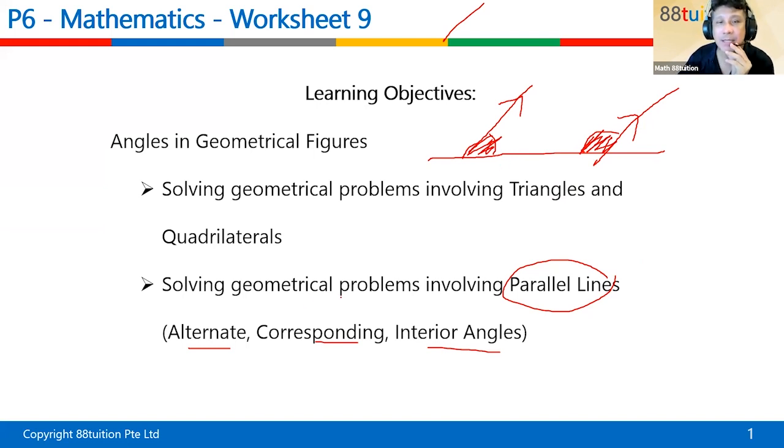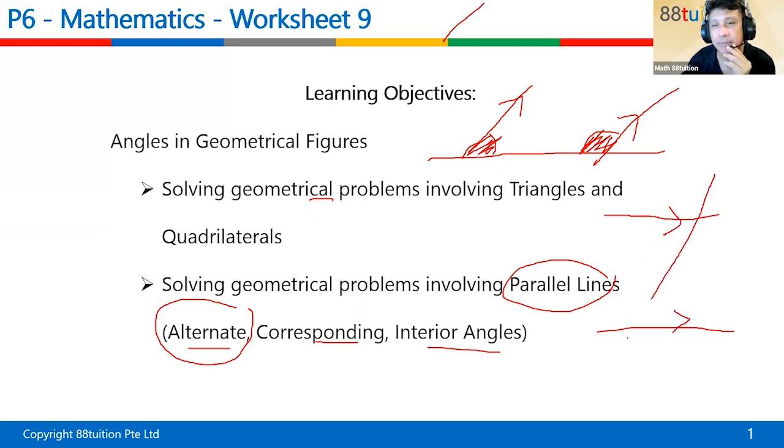Then what about alternate angles? You notice teacher Bern actually wrote here that there's this thing called alternate angles. Alternate angles also have to do with parallel lines. So maybe I just draw another pair of parallel lines, and I have another line that cuts across.